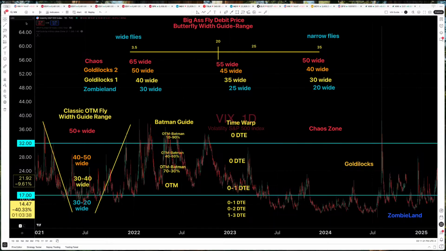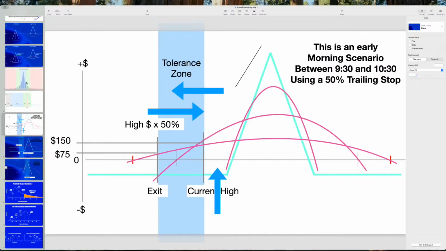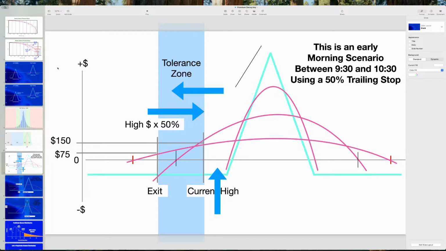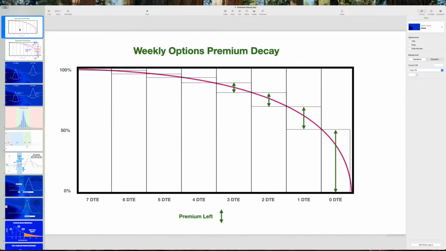What I'm going to show you is what happens in low volatility. All right, so we'll do that, and we'll go to Keynote. All right. So we saw this one yesterday, right? All right. So we're going to go back to this guy here.